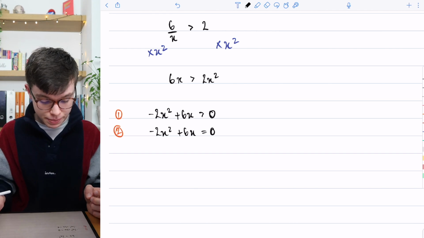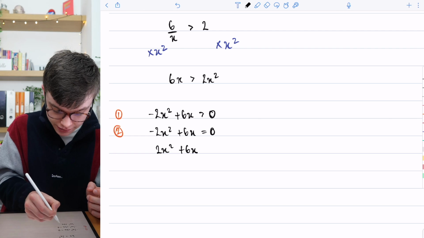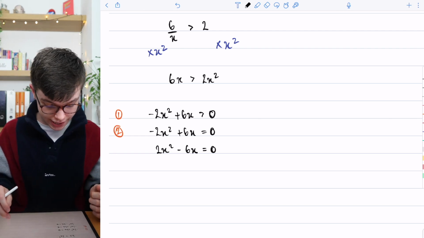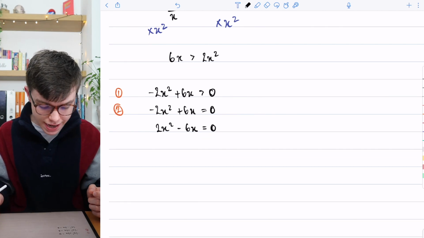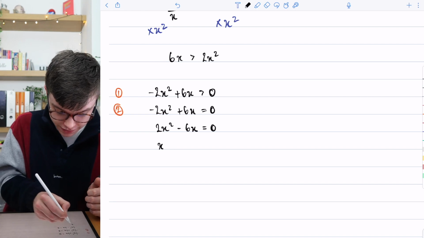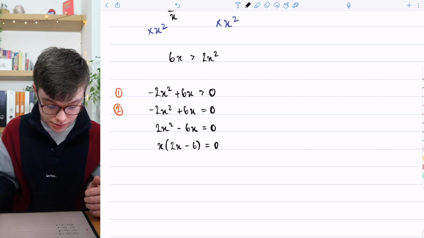Multiply both sides by minus 1 to give me 2x squared minus 6x is equal to 0. And then we'll factorise. We can factorise quite simply here by taking out an x. If I factorise x out, we'll have x(2x minus 6) is equal to 0.